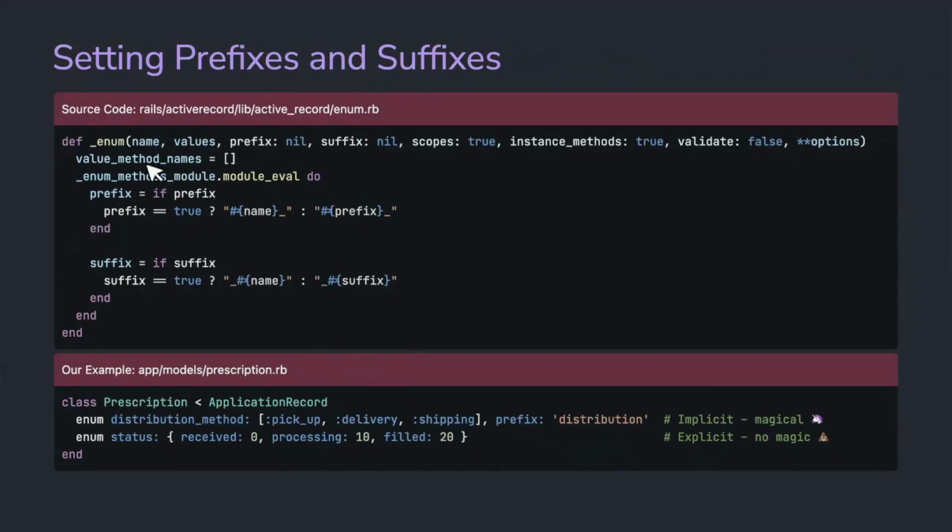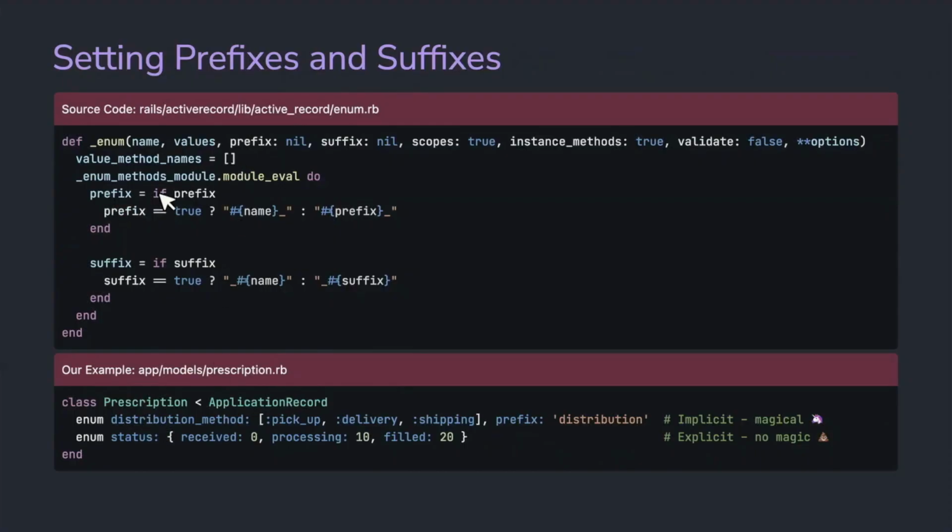This is where we're setting our prefixes and suffixes. So right here, we're making a value method names array that's empty. And we're going through each of the enums that are defined.